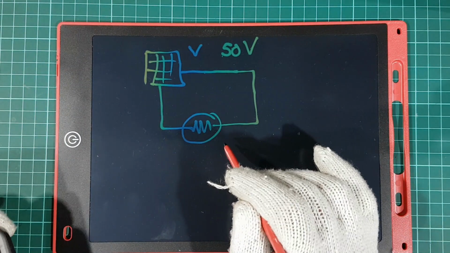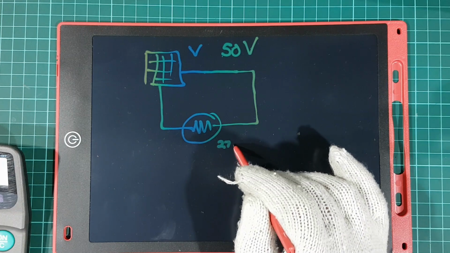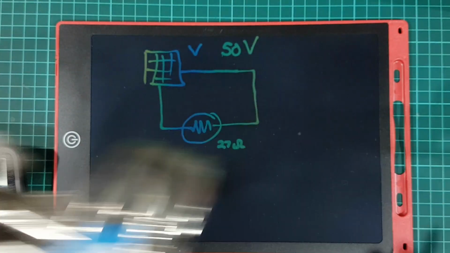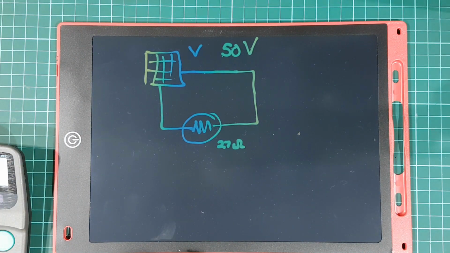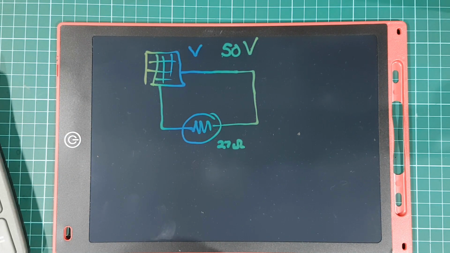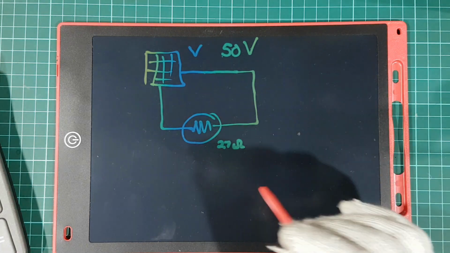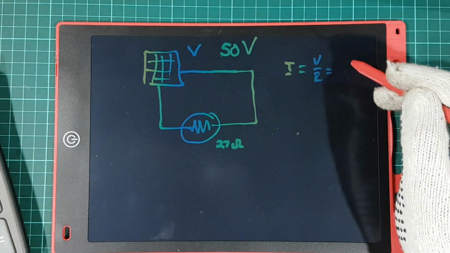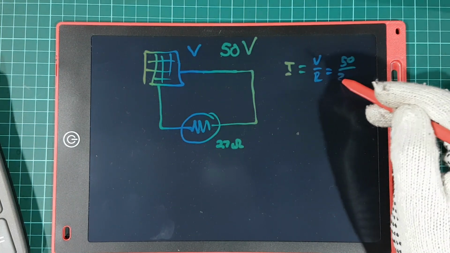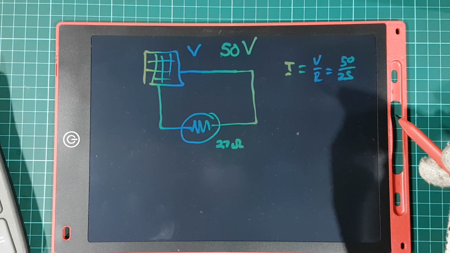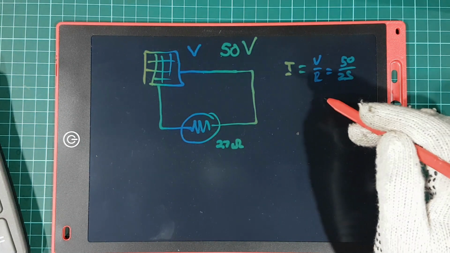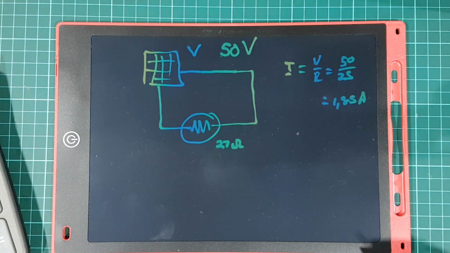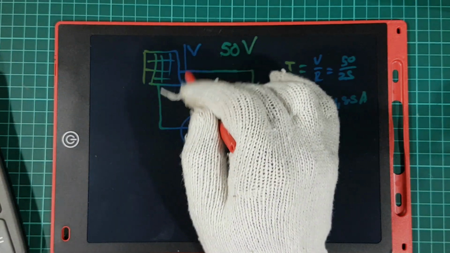In my case, this is 27 ohms. Well, in the example we're using here for this 3 kilowatt element that we bought. So if we would look at 50 volts, which is then 50 divided by 27, which will then be 1.85 amps.